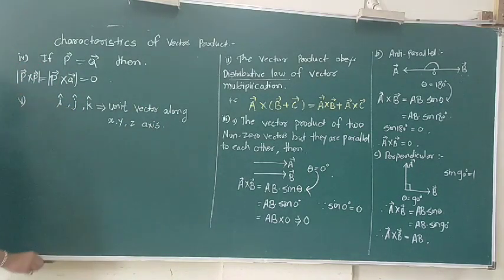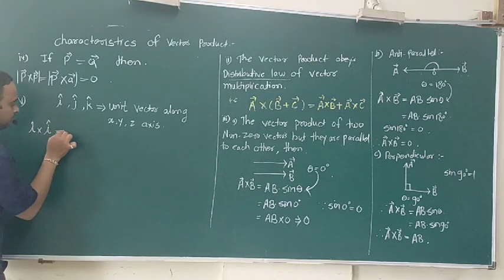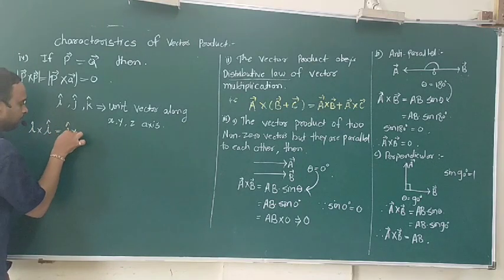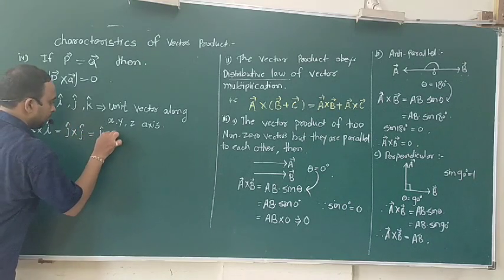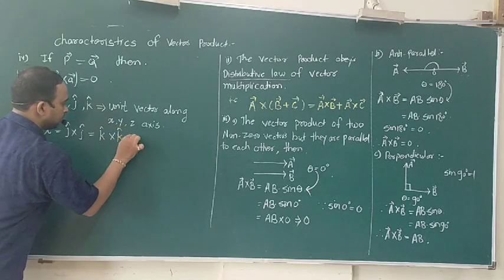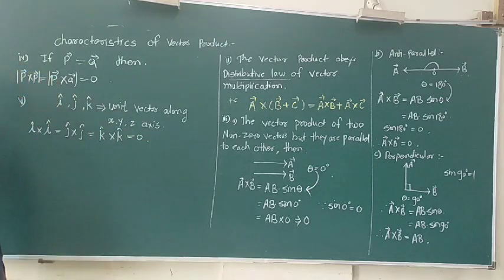Now we are taking the cross product of these unit vectors, that is I cap cross I cap is equal to J cap cross J cap is equal to K cap cross K cap is equal to 0.